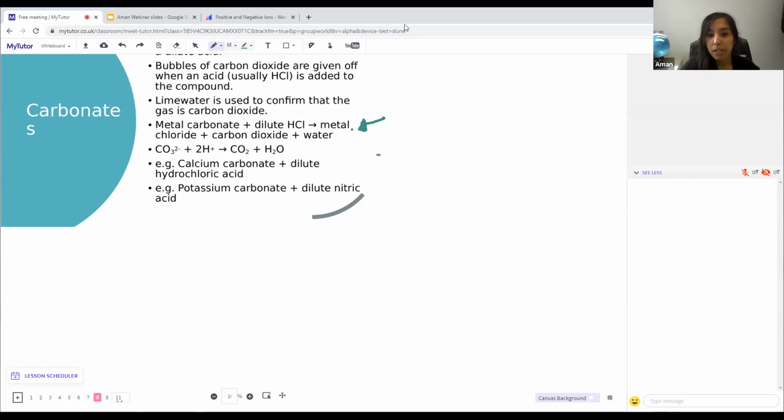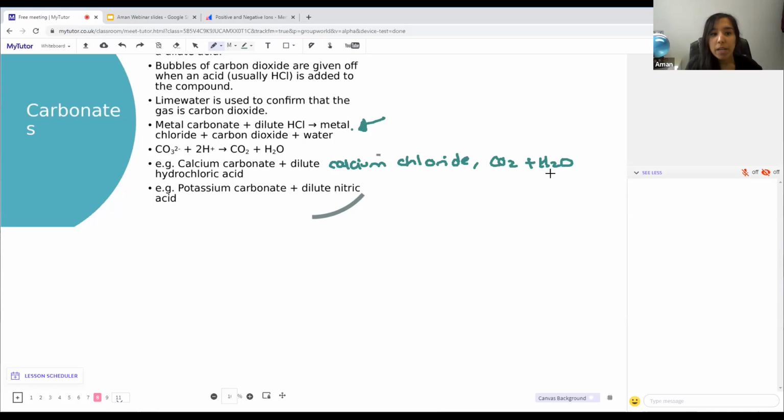What are we expecting to be produced? Good, yep, so we're expecting calcium chloride, excellent, carbon dioxide and water, excellent. So let's try and write out that whole equation then.